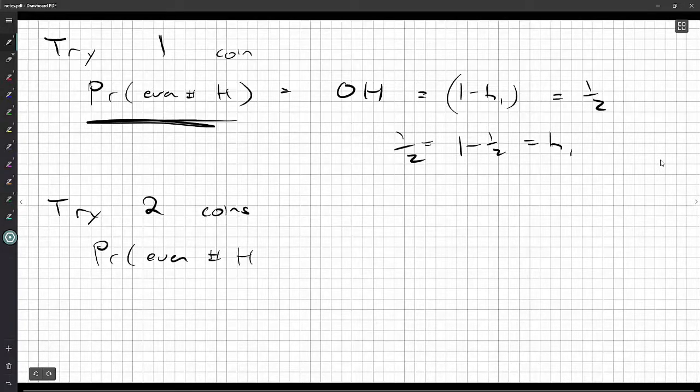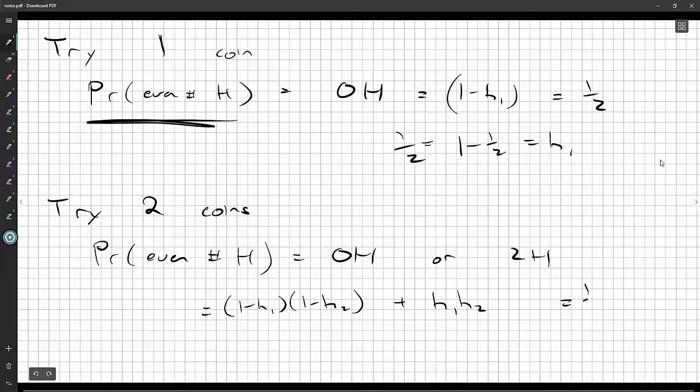So now I've got H1 and H2. Now the probability of getting an even number of heads, it's either 0 heads or 2 heads, because there's more coins to work with. So the probability of getting no heads is (1 minus H1) times (1 minus H2). So neither one turns up heads. And the probability of getting both of them heads, H1 H2.